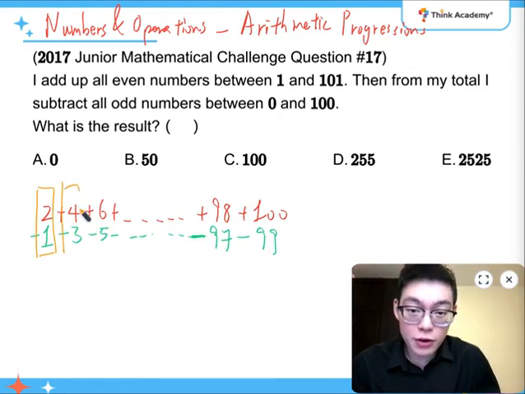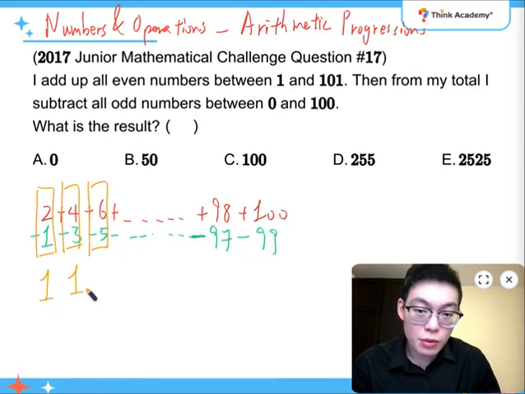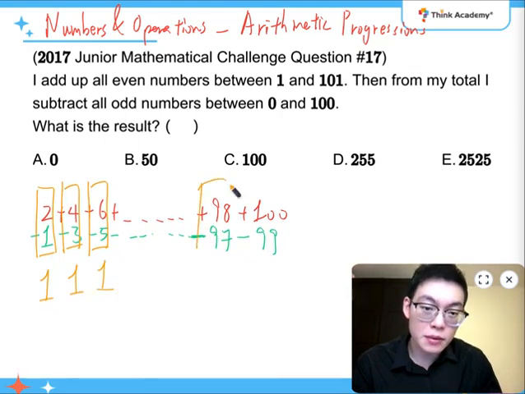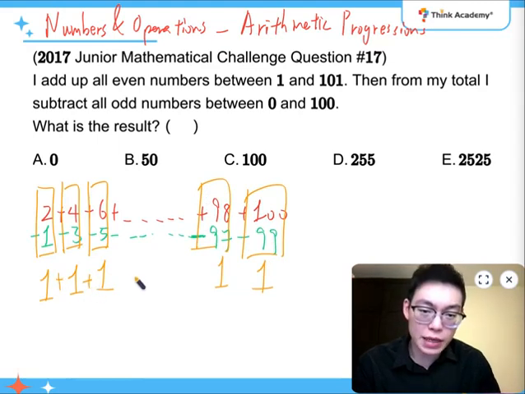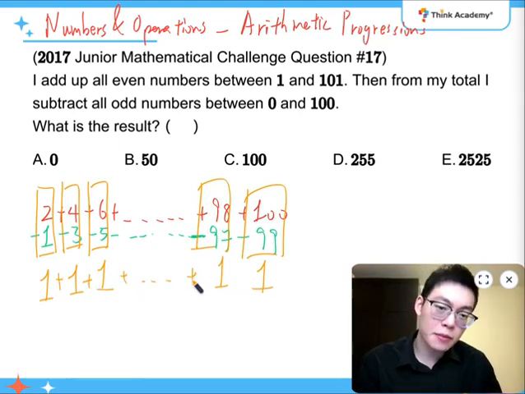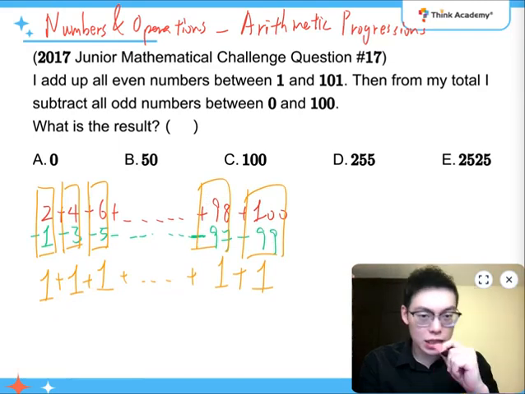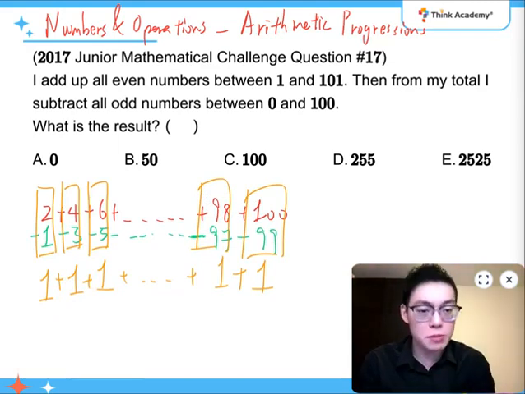So you can see that for each column, I have one remaining. So how many ones do I have remaining? It would just be the same as the number of terms we have. So from 2 to 100, how many even numbers are there inclusively?